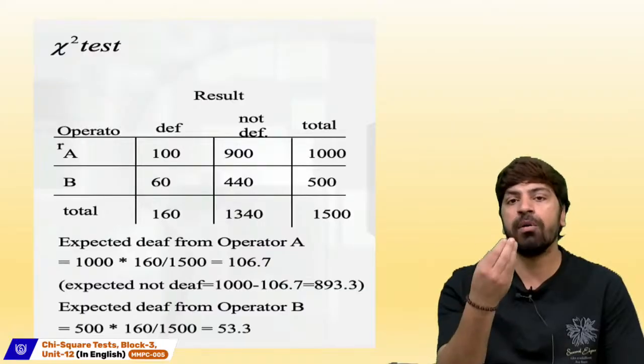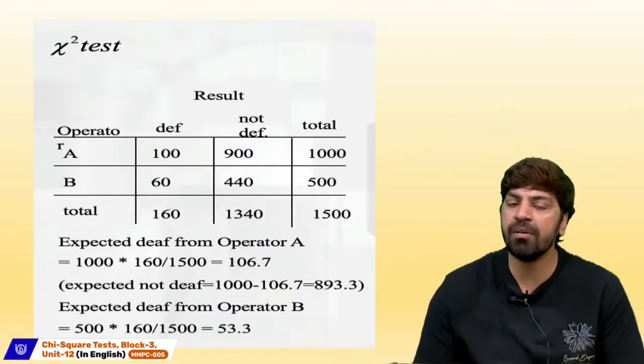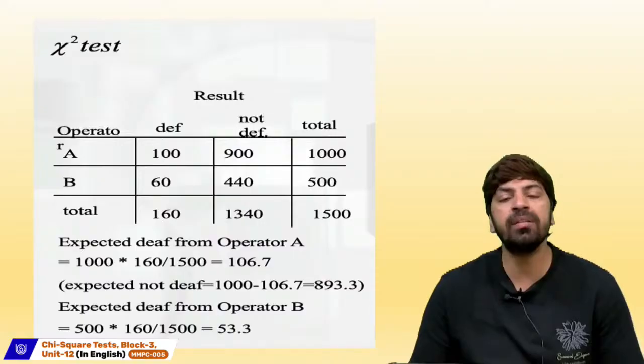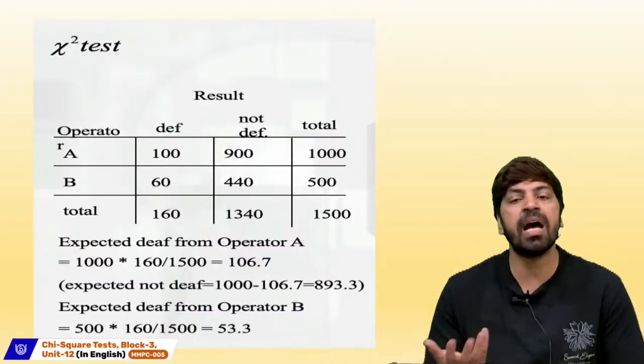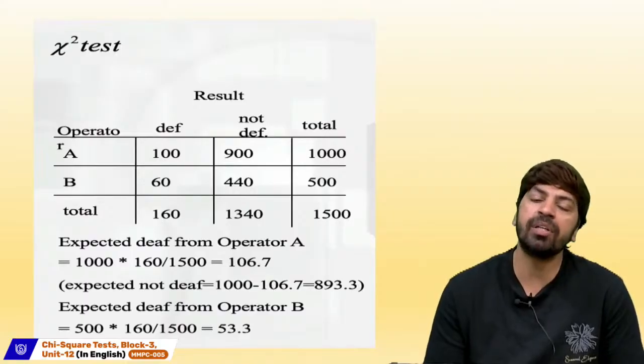In other words, you can use the formula for the expected frequency of non-defective, that is 1000 into 1340 by 1500. You will get the answer 893.3.